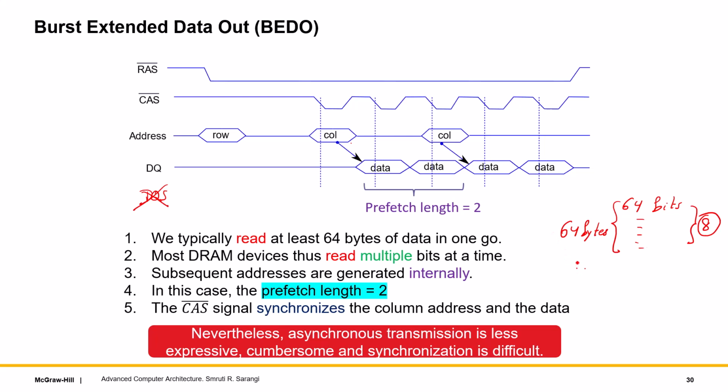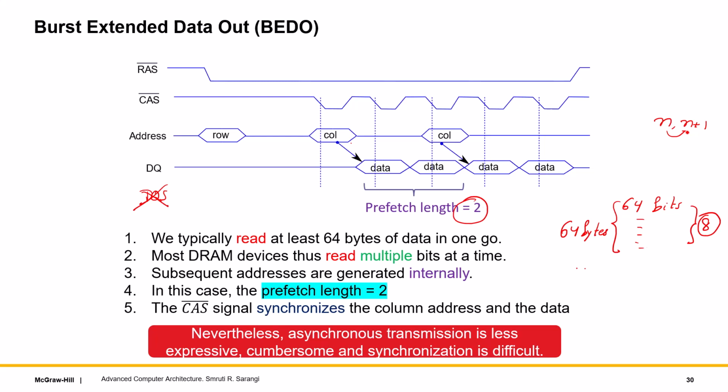The data can be synchronized with the column address strobe. Again, I can send data for another column, and the next one. So if I send column n, I can send the data for n and n plus 1. This would mean that the prefetch length is 2, because the other one I didn't specify, but I'm inferring from this value.